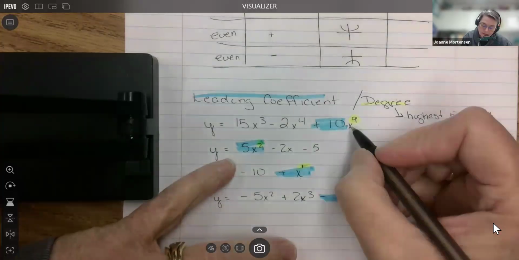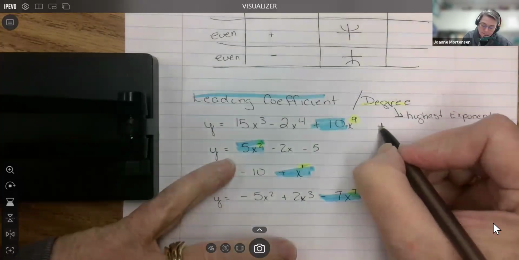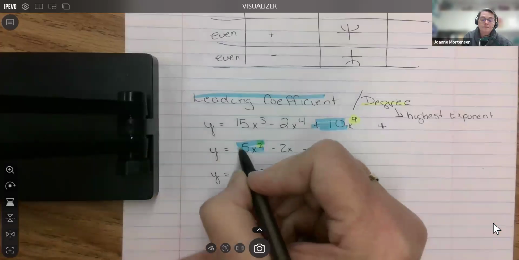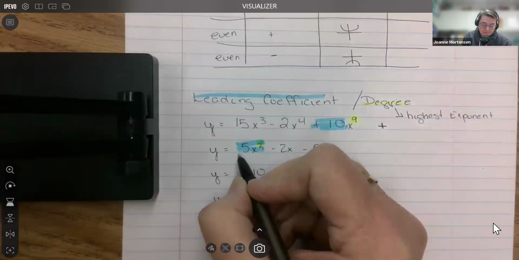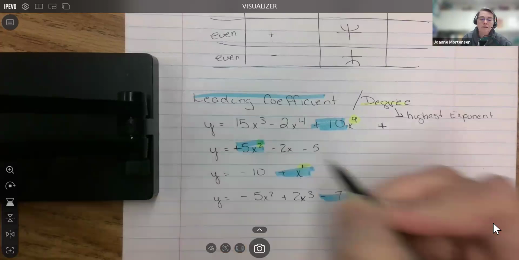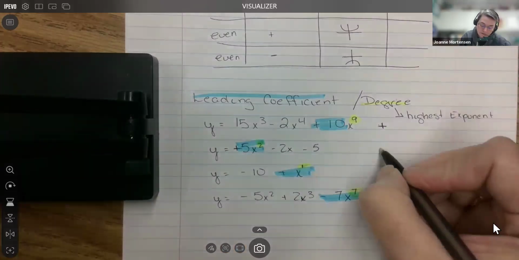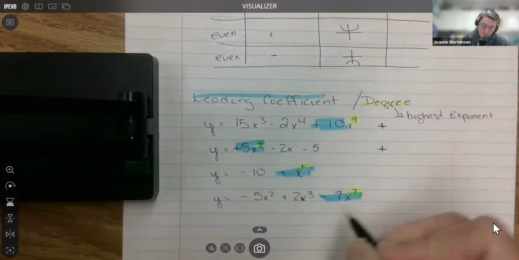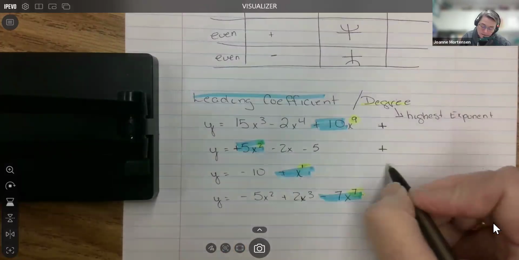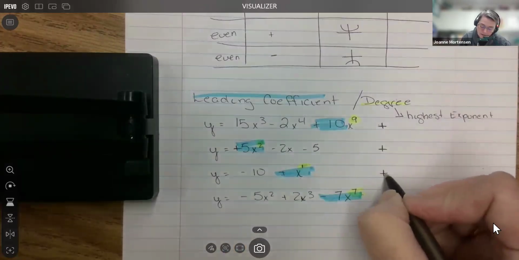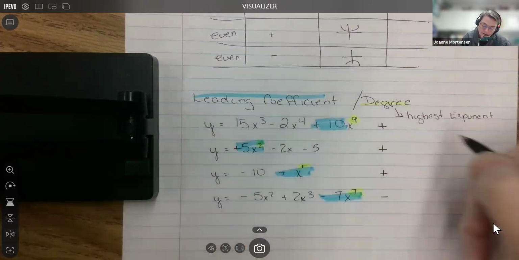So this has a positive leading coefficient. Sorry, I'll put a plus in there, right? Understood plus. So this is also positive. This one is, okay, kind of boring, a negative.